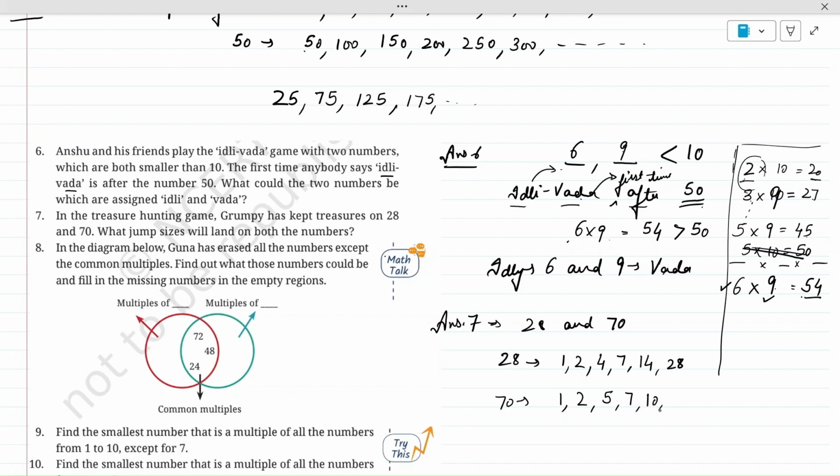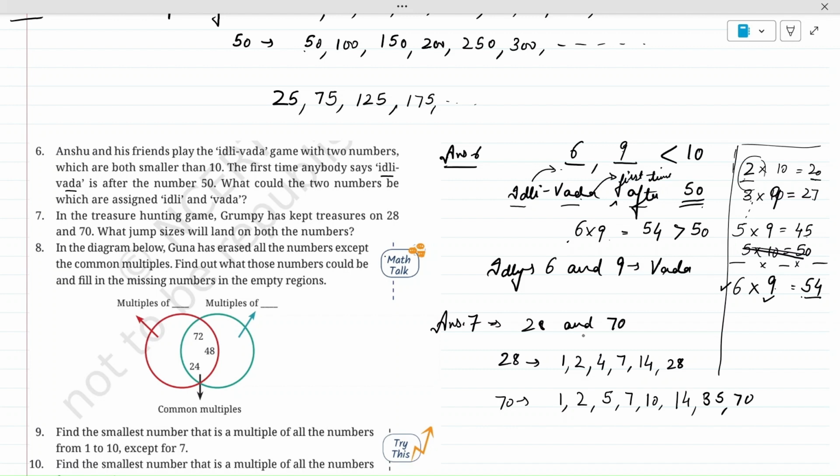After 10, 11, 12 and 13 are not there, and 14 is there. After 14 we don't have anything with 28, and next we have the bigger numbers, 35 and then 70.